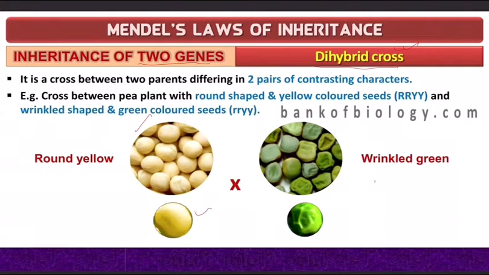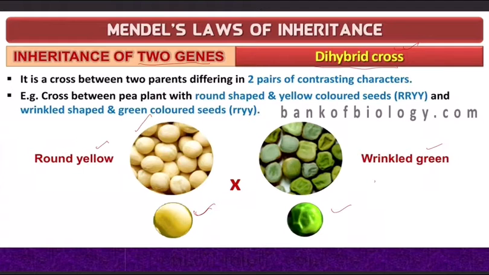So whichever numbers are more, that character would automatically become the dominant character. And the one that has got less numbers, that character would become the recessive character. So there are two contrasting characters. One is the shape of the seed. Round seed is dominant over wrinkled seed. Why? The number of seeds that are round are more than the wrinkled ones.